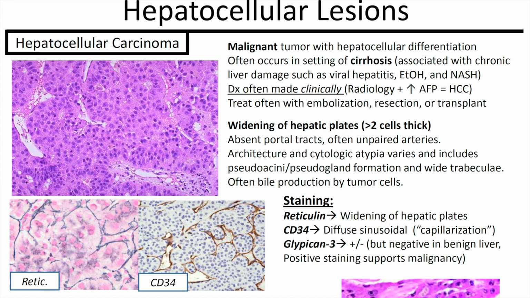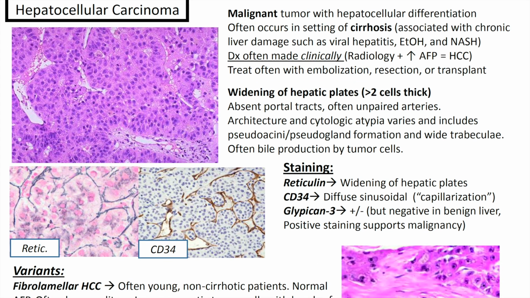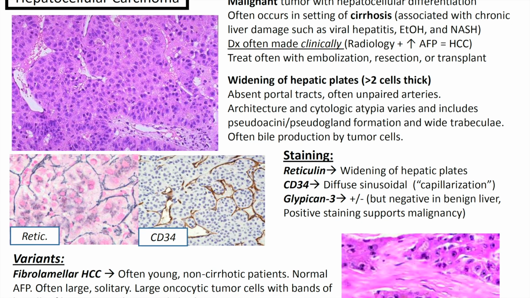All right, a few more hepatocellular lesions. So we have hepatocellular carcinoma. This is a malignant tumor with hepatocellular differentiation, and it often occurs in the setting of cirrhosis, like we talked about, right? If the liver is already damaged, then it could potentially lead to the development of malignancy.